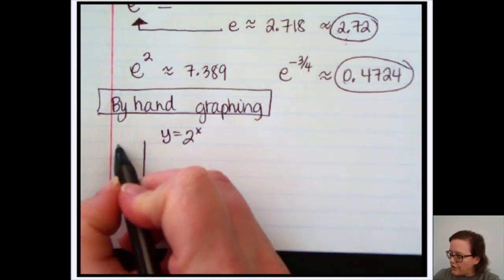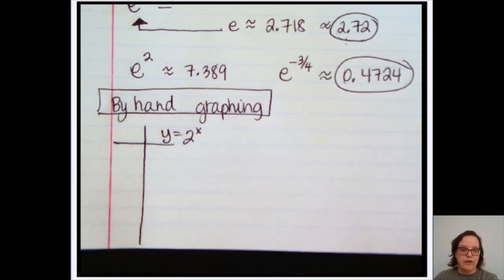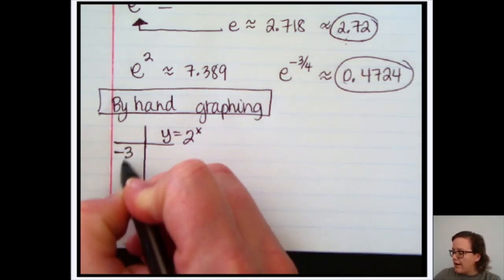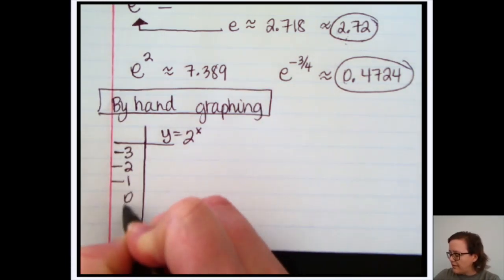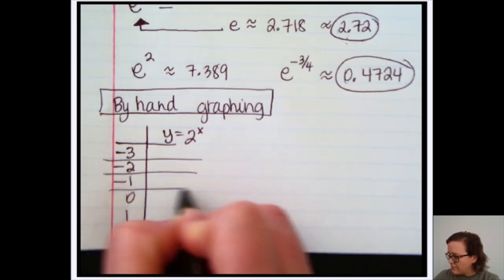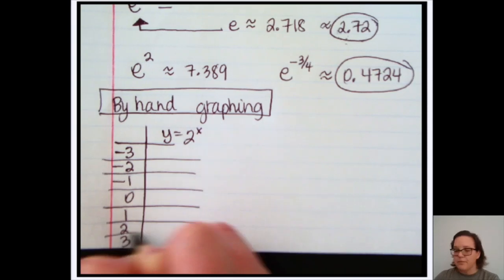Do you remember what we do when we don't remember what a graph looks like? We do a t-table. So we pick some numbers for x, and we're going to plug them in.